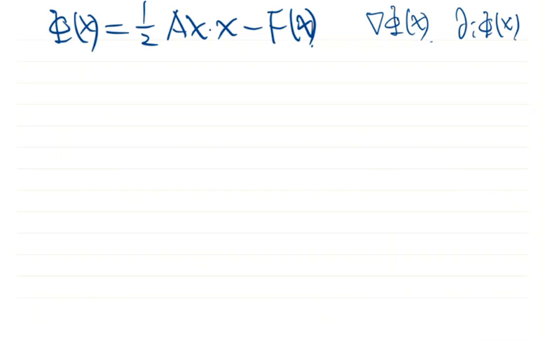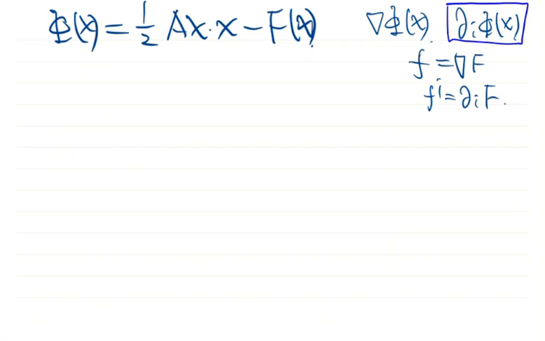Okay, so note that our small f is the gradient of capital F. Therefore, f_i is in fact ∂_i F. So we compute the partial derivative of capital Phi with respect to x_i. Obviously, the derivative of a linear combination is the linear combination of their derivatives.